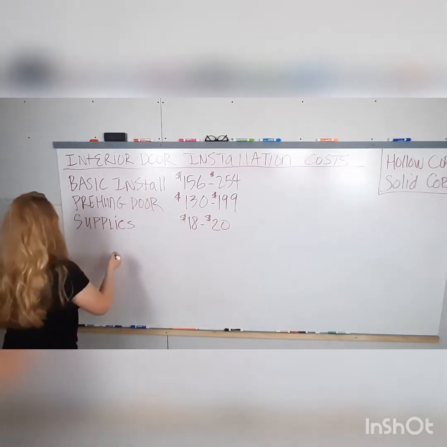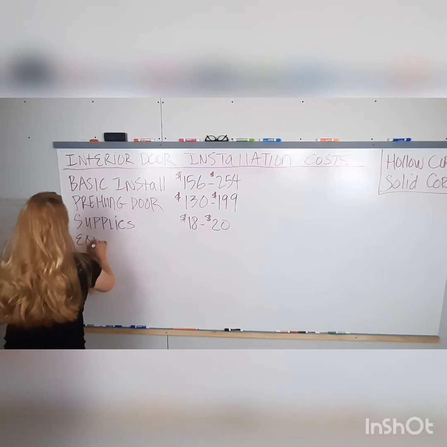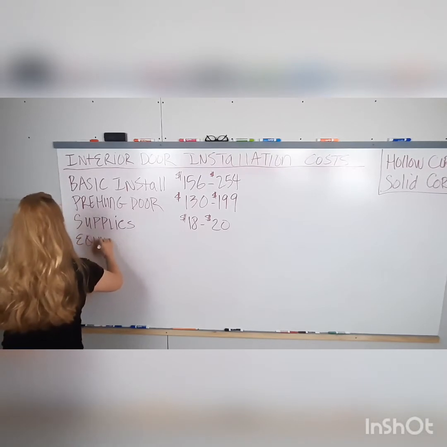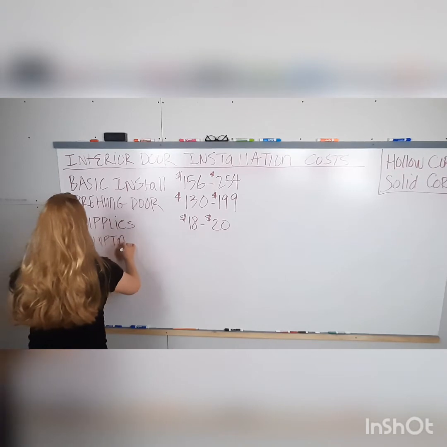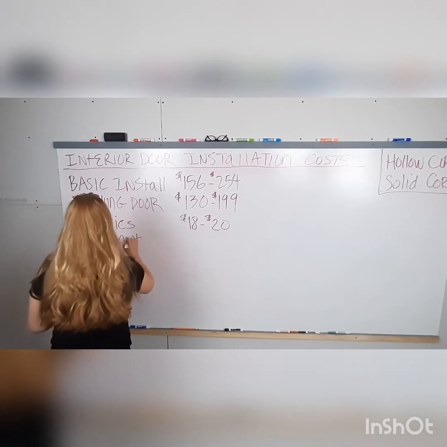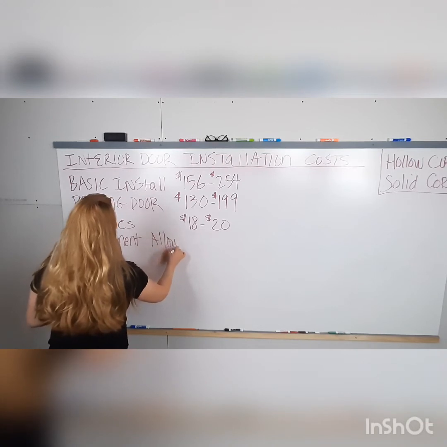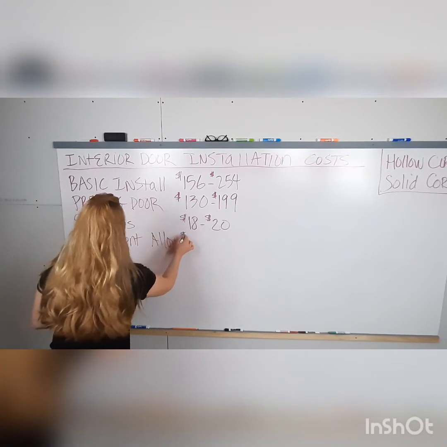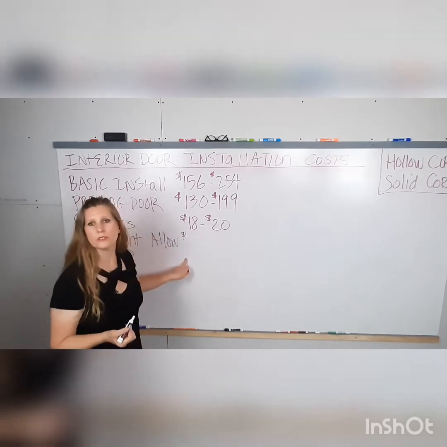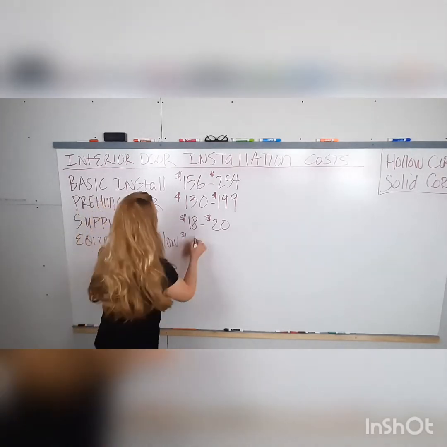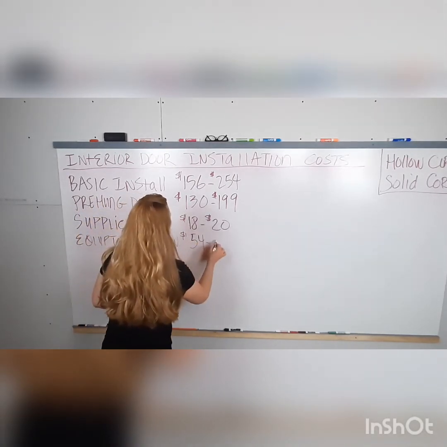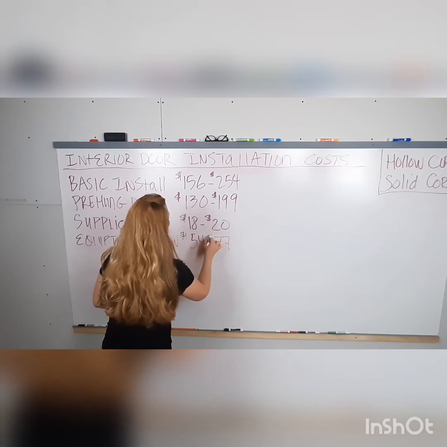And then we've got what's called an equipment allowance. And that range is, let's see, between $54 and on the high end it's $77.